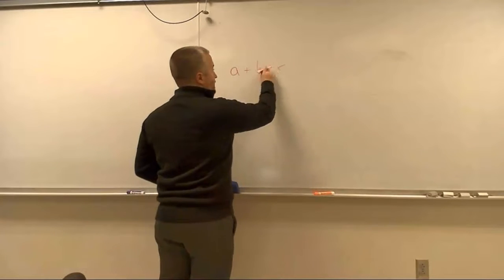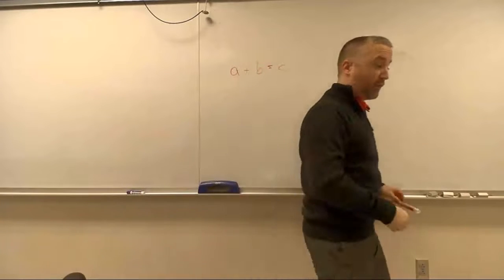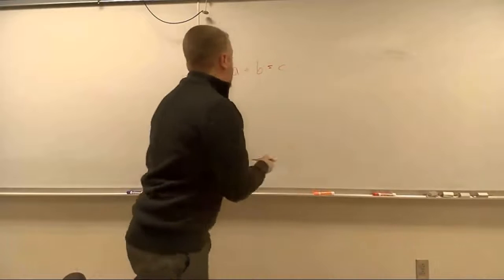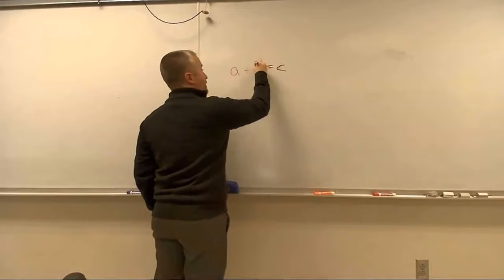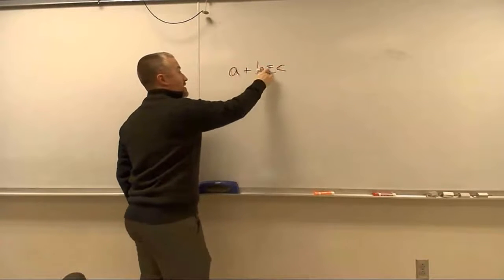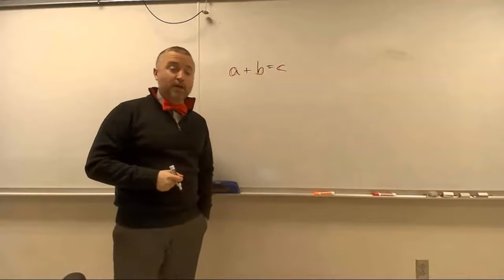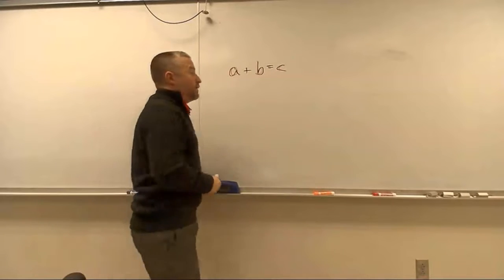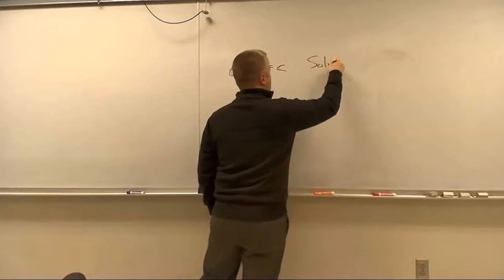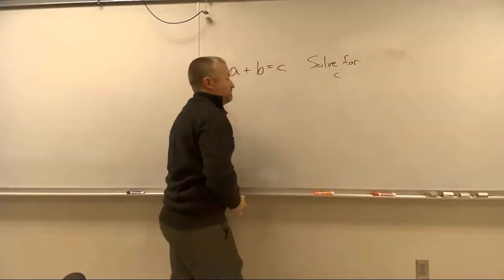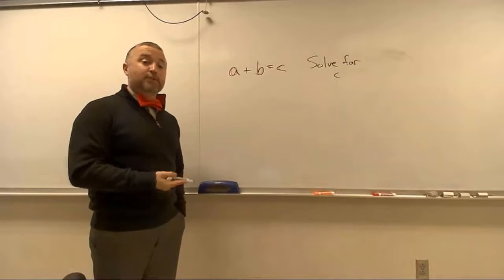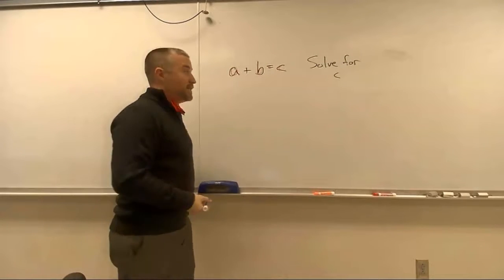And I know that I should probably draw with a darker marker. My apologies. I know that I am done if that variable is by itself on one side of the equal sign. So if this problem had said solve for C, I'd already be done because it's already by itself.